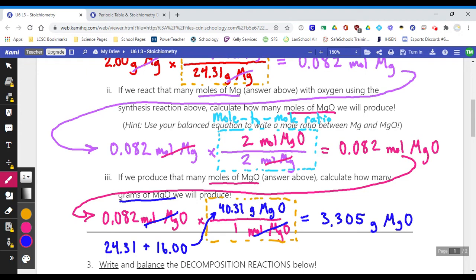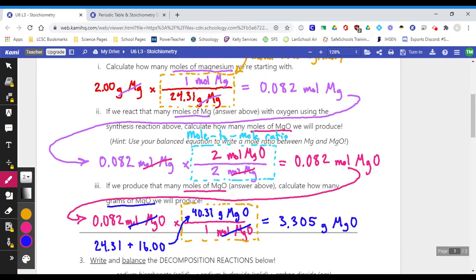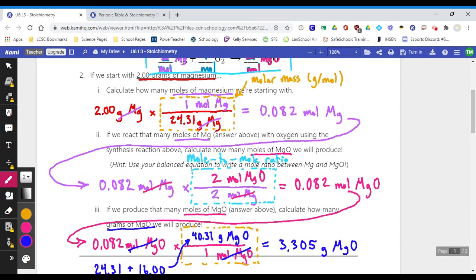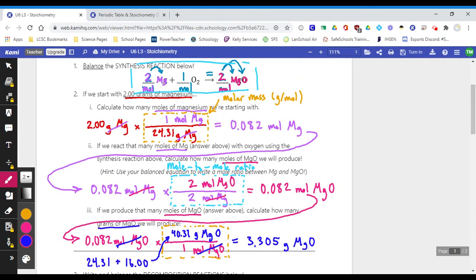Now, if we bring this all together, the implications of this are kind of crazy. What we started with was just grams of magnesium we're going to use in this reaction. And we're going to do this reaction in the lab. So if we take about 2 grams of magnesium, we go and burn it in oxygen, this is predicting that we should make about 3.305 grams of MgO out of this reaction.